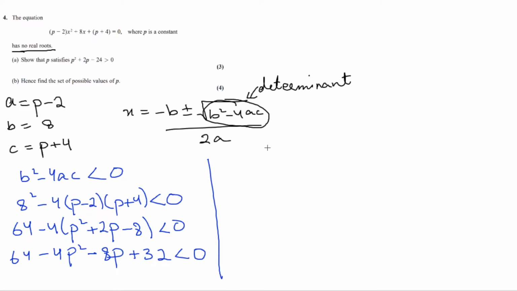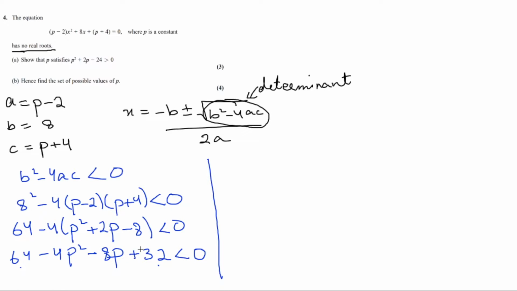Moving on, I can add these constants up: 64 plus 32 is 96. The term with p squared is negative, but I want it to be positive.